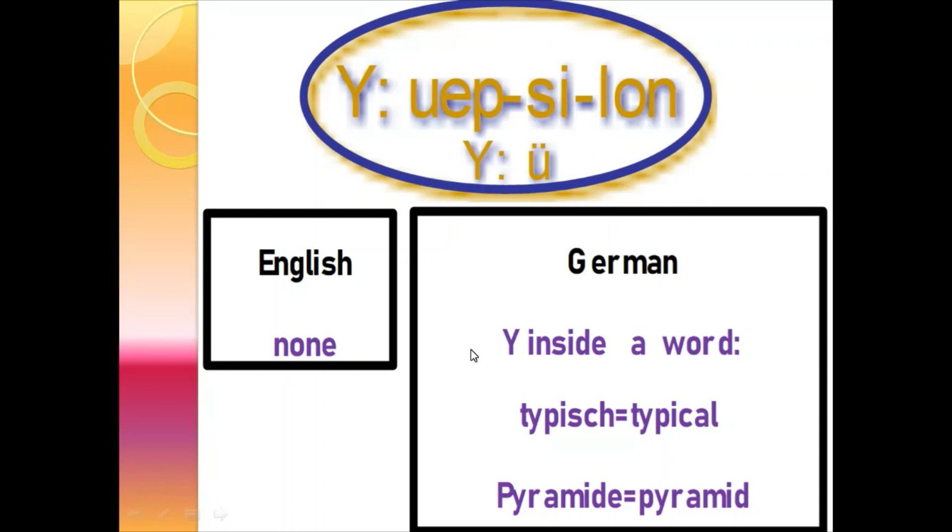For example, the word typisch, which means typical in English, and Pyramide, which is pyramid.